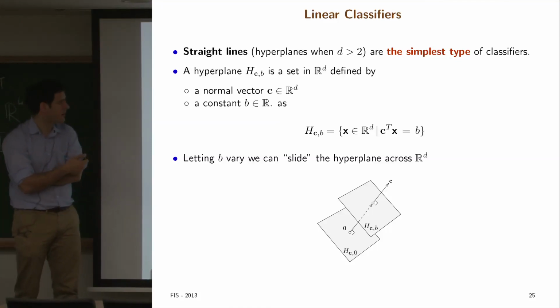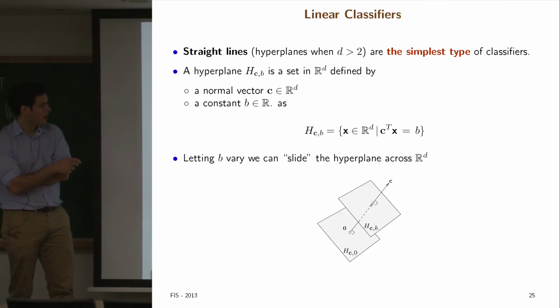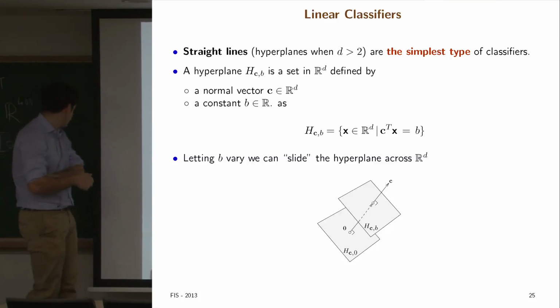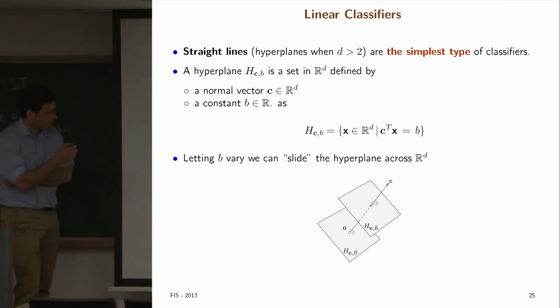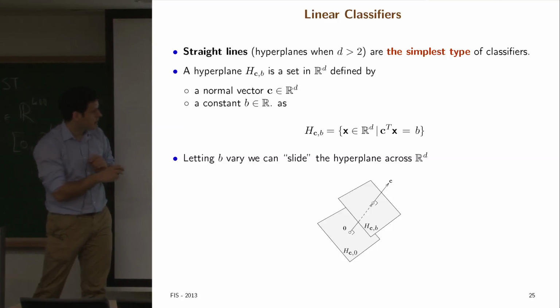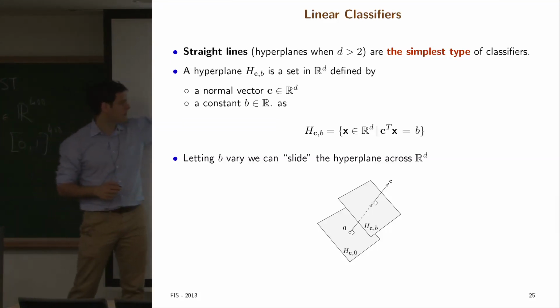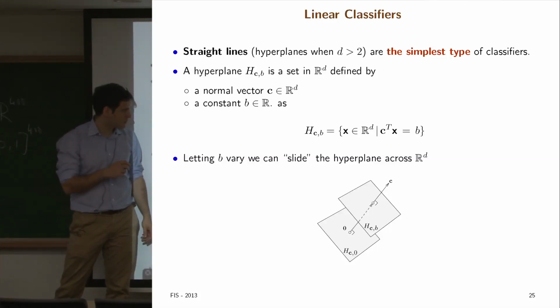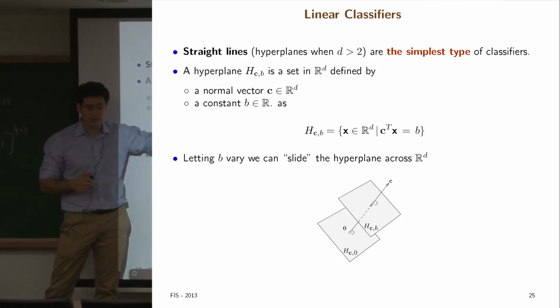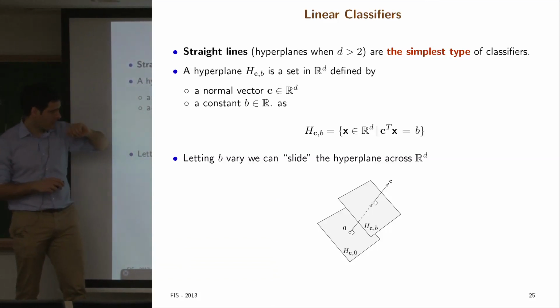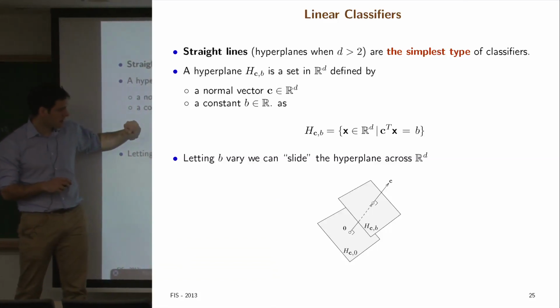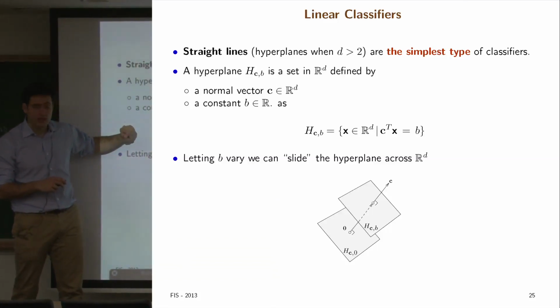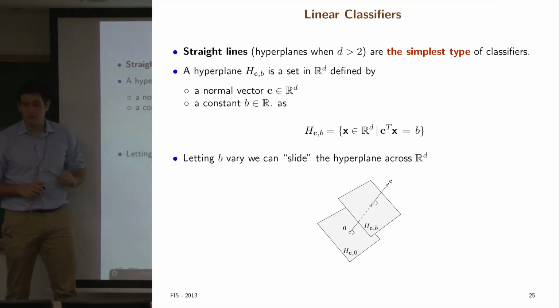So what do I mean by a hyperplane? Well, a hyperplane is a set in R^D defined by a normal vector. So maybe I don't need to make a drawing, but it's just two elements, a normal vector C and a constant B. And the vector has to be non-zero. And this set is just a set of X in R^D such that C transpose X equals B. Okay.